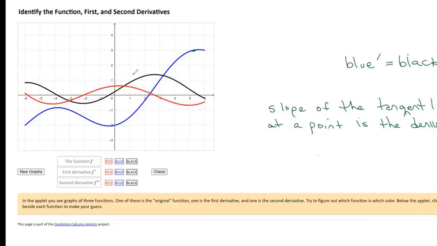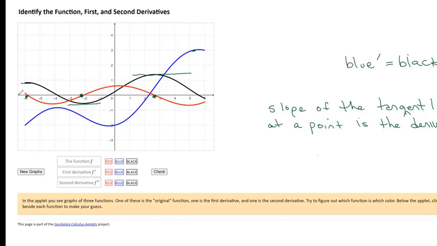Black, there's my max, and red is 0. The derivative of black, that means here we have another min. The derivative of black is red, that's true. And yeah, there's another max and there's another 0. Okay, that's looking very positive.